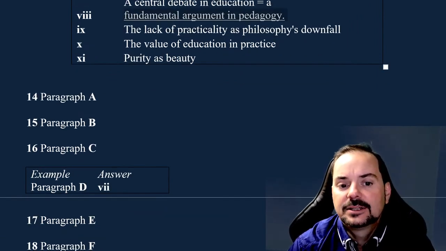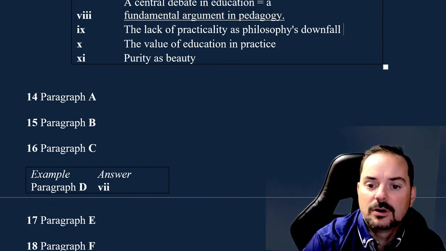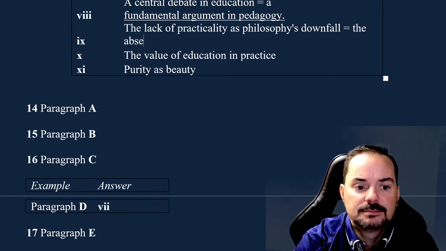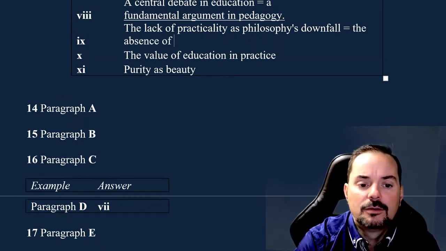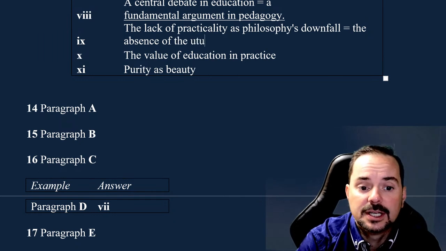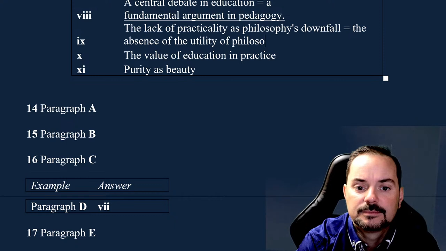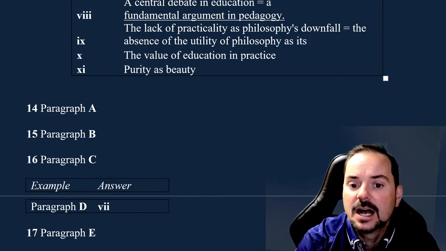The lack of practicality as philosophy's downfall. The absence of the utility of philosophy as its undoing.